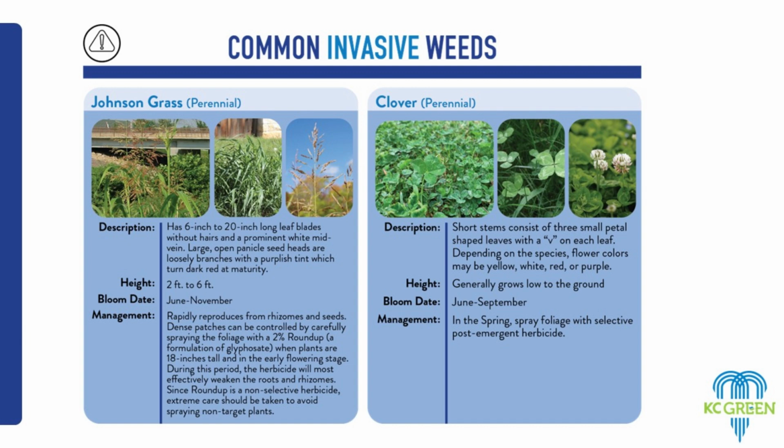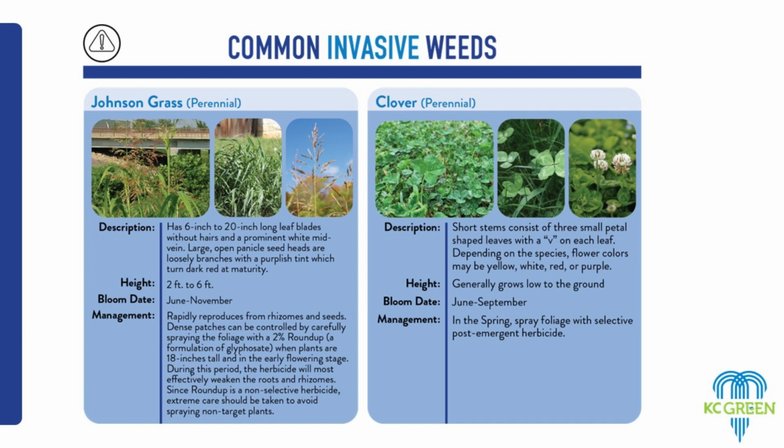Go back one, actually. So the clover's an interesting one, because if we get a wet and rainy spring or wet fall season, that's one that you can see really proliferate. It can spread and fill in real quickly and start to smother out some of the other desirable plants that we want.